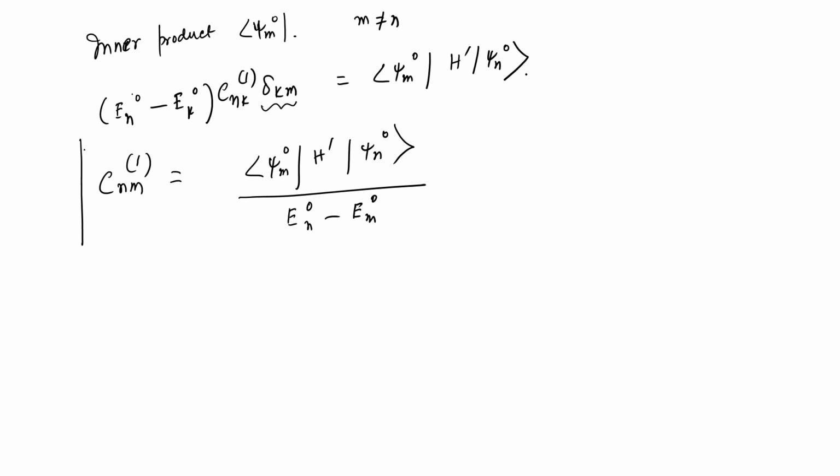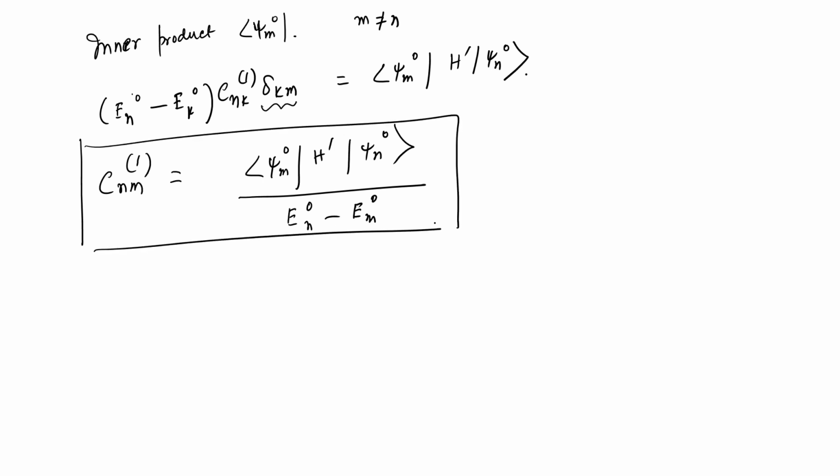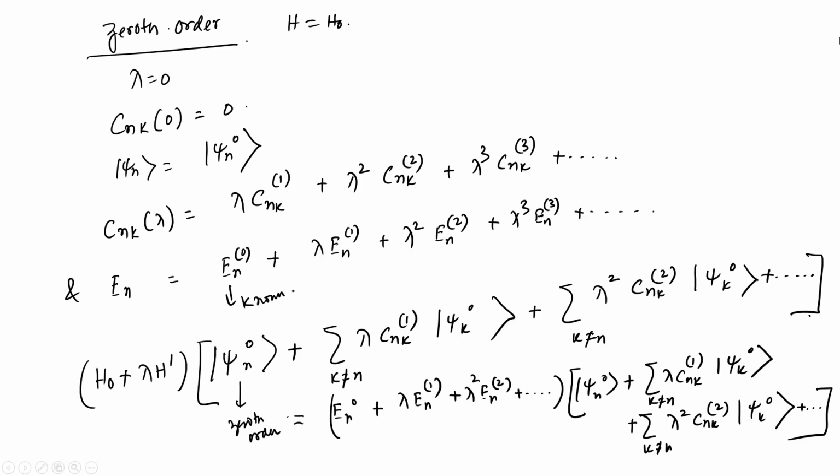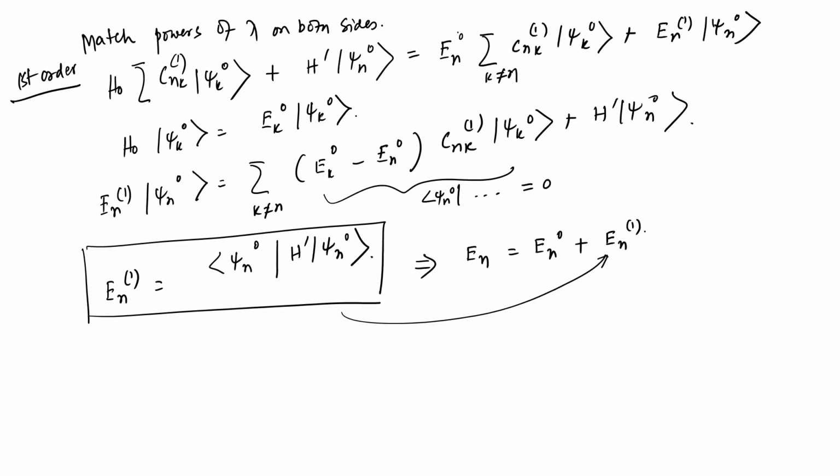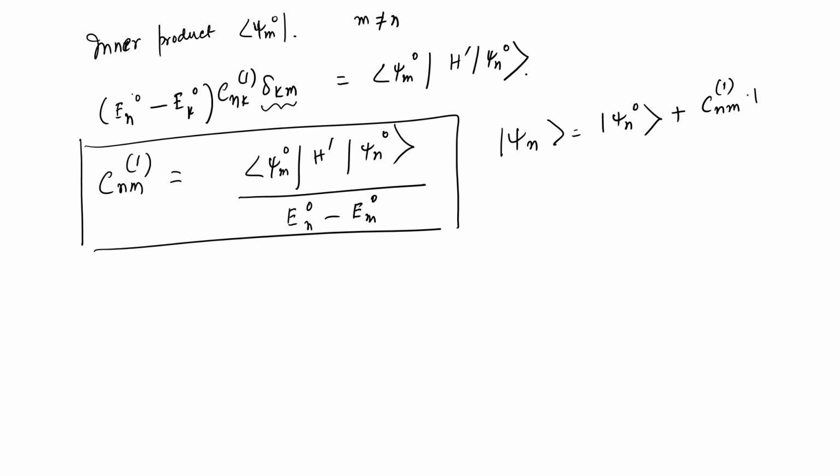Okay. So, this is the correction to the first eigenfunction. What it means is that you have psi n equal to psi n 0 plus C n m 1 psi m 0, and then of course you have the terms that we have written down here, psi k 0, and so on.